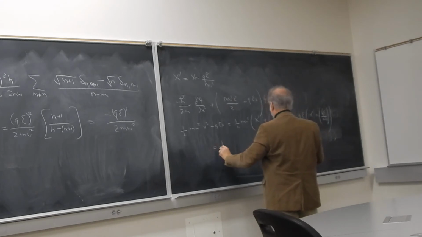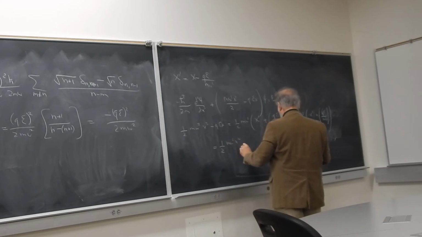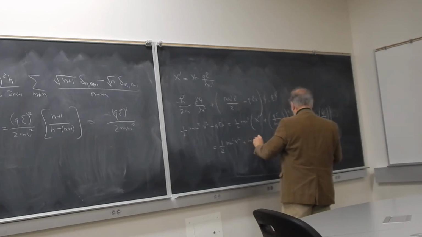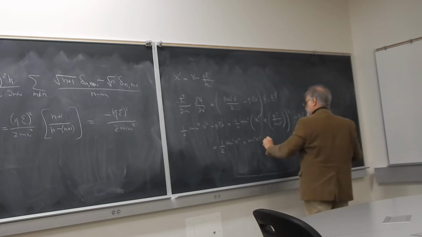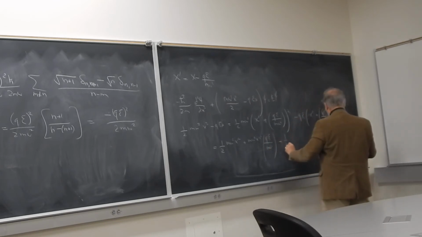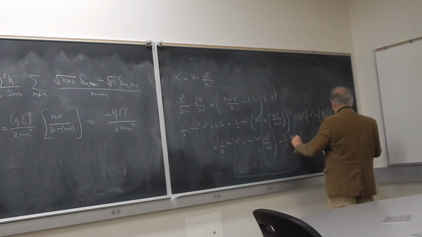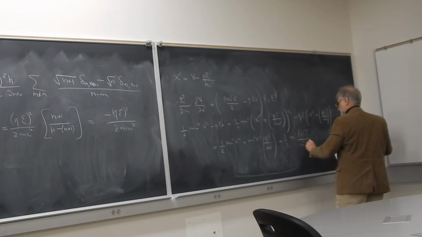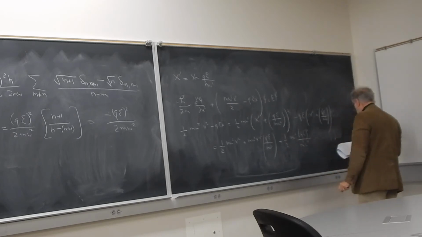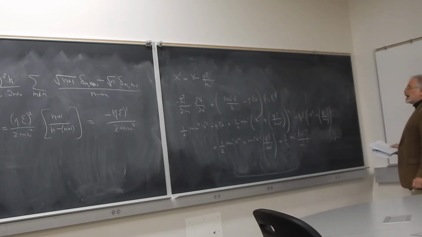So this is equal to 1/2 m omega squared x prime squared plus m omega squared x prime times QE over m omega squared plus 1/2 m omega squared QE squared over m squared omega to the 4th. Wow.